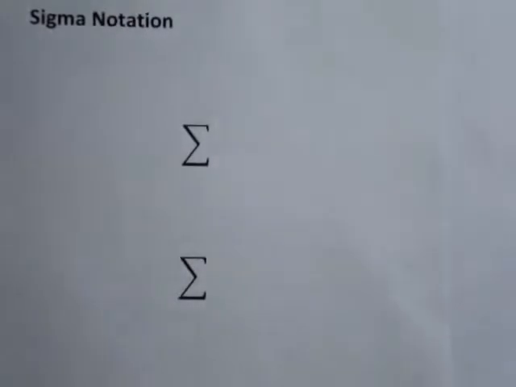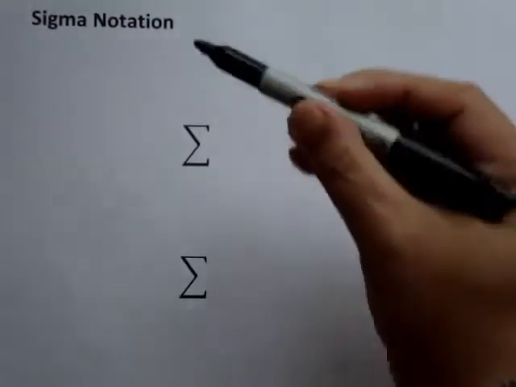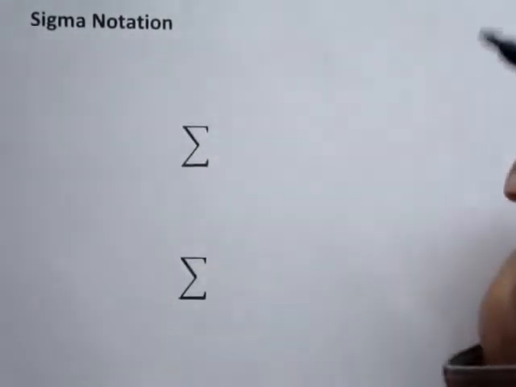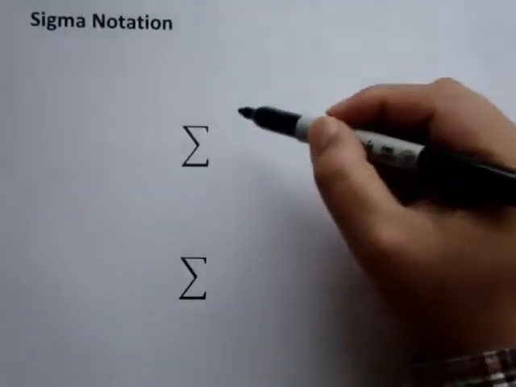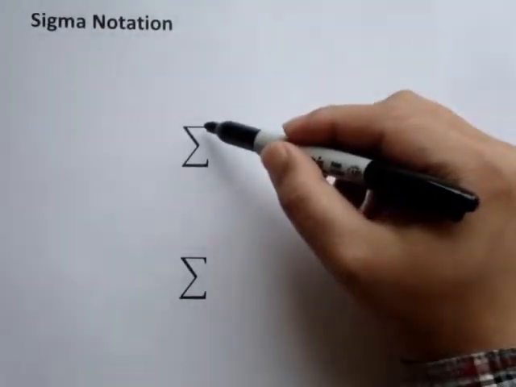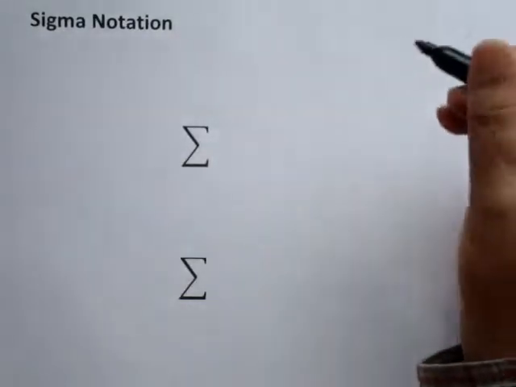Okay, we're going to have a look at sigma notation. Now this symbol sigma can be considered as representing the sum of.